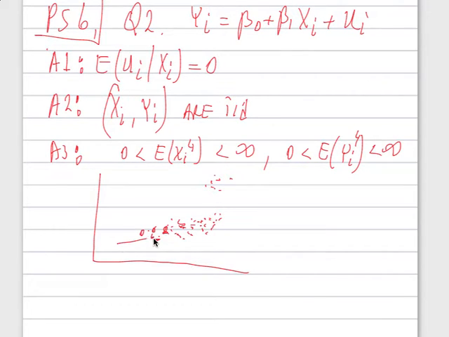When you fit the OLS line, you get this, which is a much better fit, isn't it? You have a high R squared, low SER, and significant F, if this is the case.